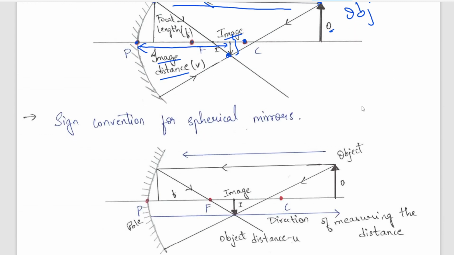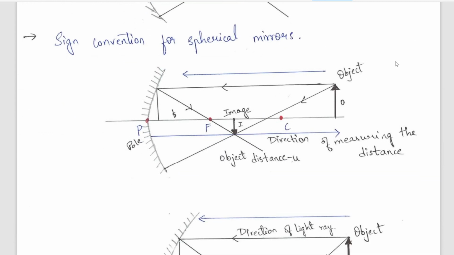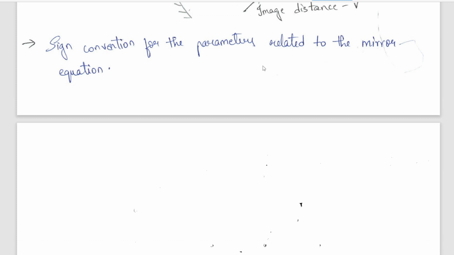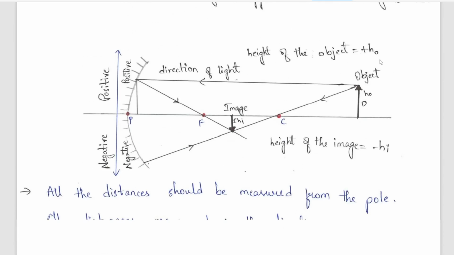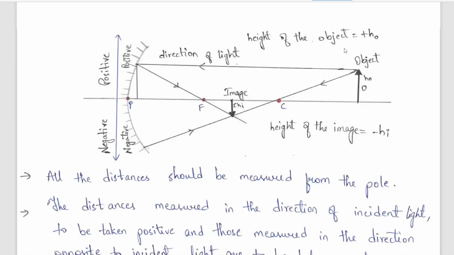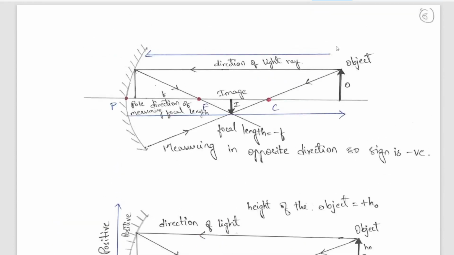Now let us quickly see the sign convention for spherical mirrors, the sign convention for the parameters related to the mirror equation. These are the rules. All the distances should be measured from the pole. As you can see here, every distance is measured from the pole.